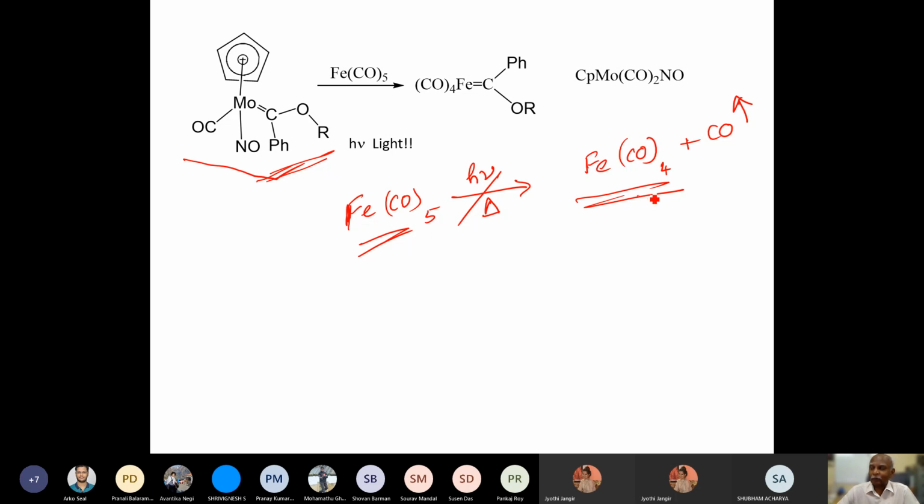That seems to pick up the carbene ligand from the molybdenum. I don't have any other better explanation to give. In fact, I would again suspect that these are not high yielding reactions, but these are reactions that have been carried out to generate these molecules.